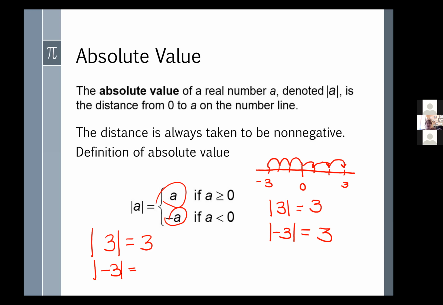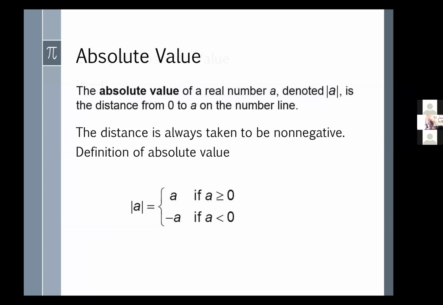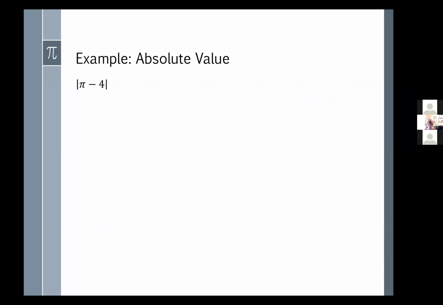So the absolute value of -3, change the sign of -3 to +3, and that's the absolute value of -3. So to find the absolute value, if the number is positive, you just drop the absolute value symbols. But if the number inside the absolute value symbols is a negative number, you change its sign. That's what you do. So how do you find the absolute value of pi minus 4?